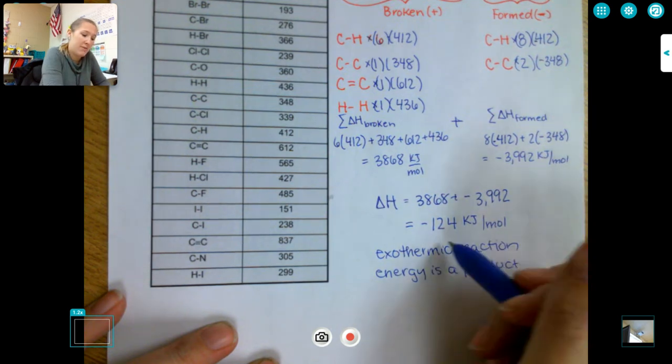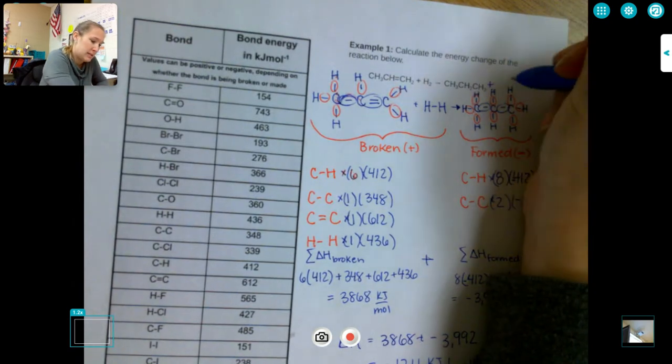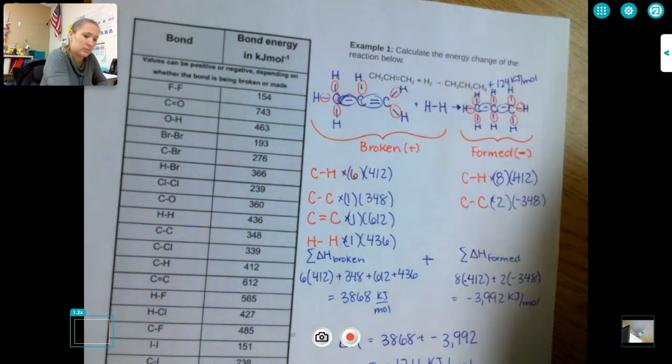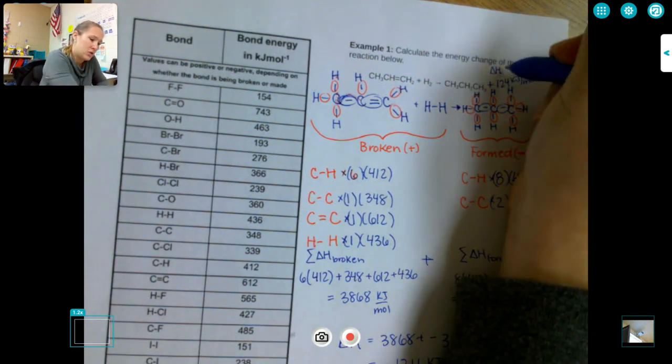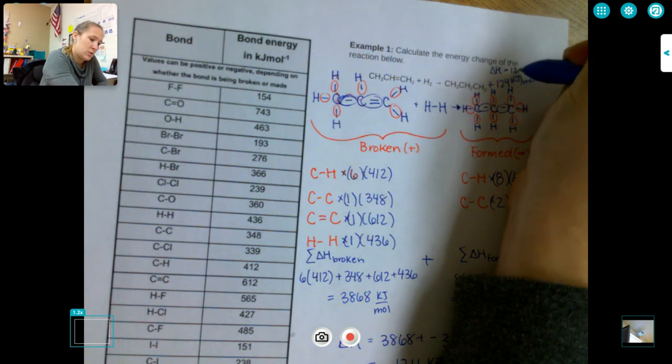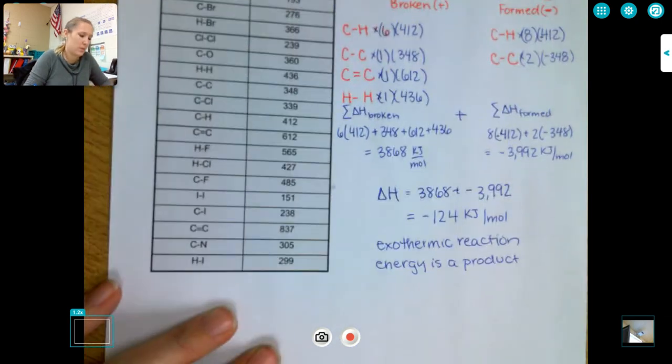So we could have this written in terms of my products up here. We could say, this might say plus 124 kilojoules per mole. Okay, we could see that. Or we could see it as delta H is negative 124 kilojoules per mole.